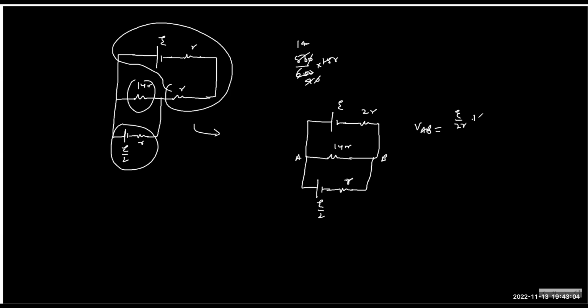E by 2, can use. 0 by 14R and E by 2 by R, upon 1 by 2R, 14R, 1 by R. And this potential turns out to be E by 2R upon E by 2R. So it is E by 2, E by R actually, upon 14R is LCM.